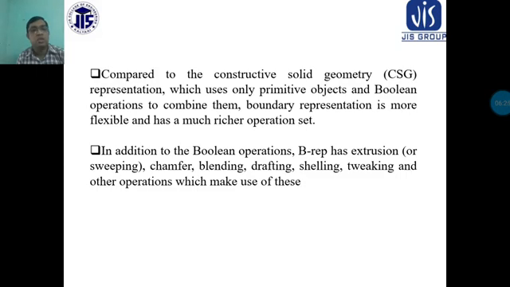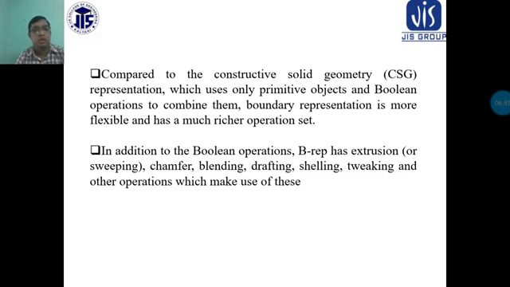In addition to the Boolean operations, boundary representation has extrusions or sweeping. Chamfering is done with these operations, and during chamfering you have to create the surface also.